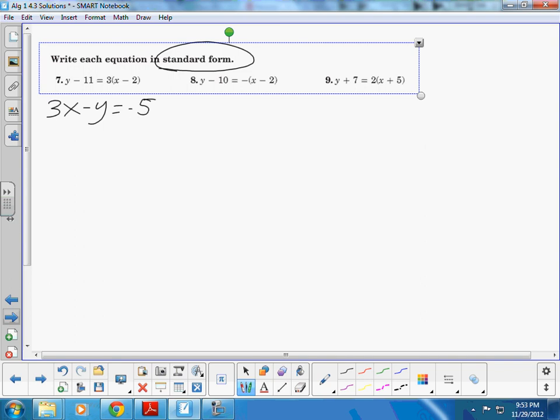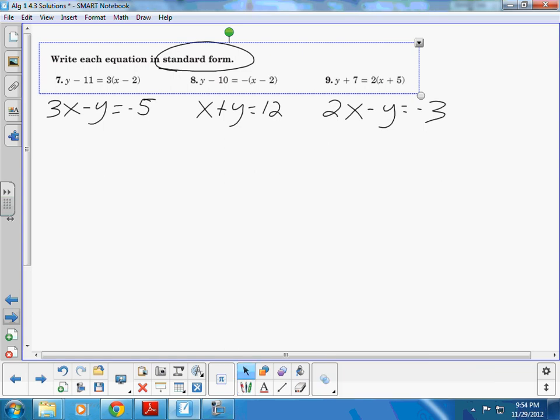For number 8, it is x plus y equals 12. And for number 9, it is 2x minus y equals a negative 3. Put the answers down there real quick, so if you have all those right and you know what you're doing, you can skip ahead to number 10.